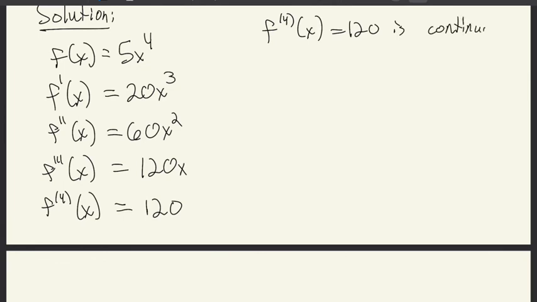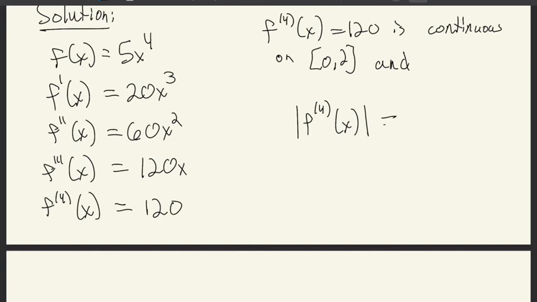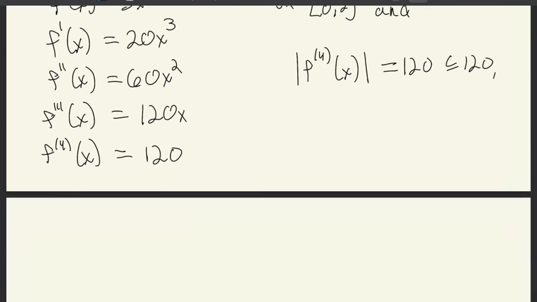So first off, 120 is continuous on 0 to 2. It's continuous everywhere. And we can bound 120 by 120. I know, very, very hard math there.